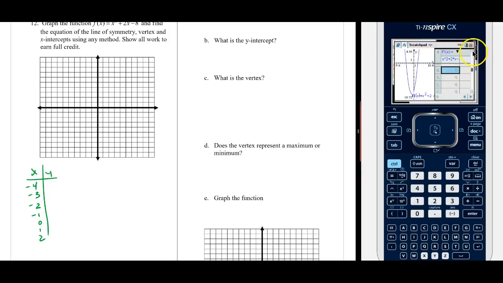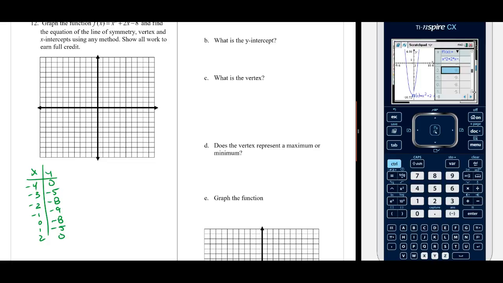At -4, you get 0. -3 is -5. -2 is -8. -1 is -9. And it looks like it starts to repeat. So it's 0, back to -8, -5, and 0.